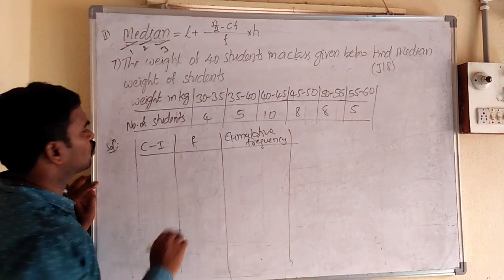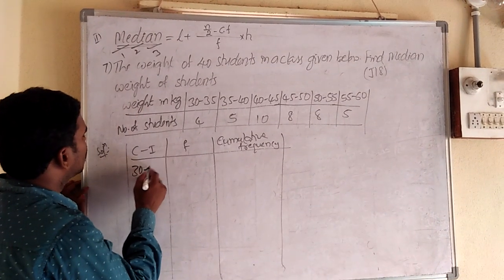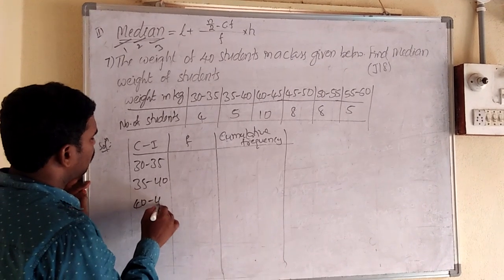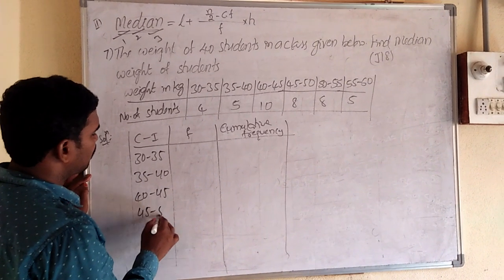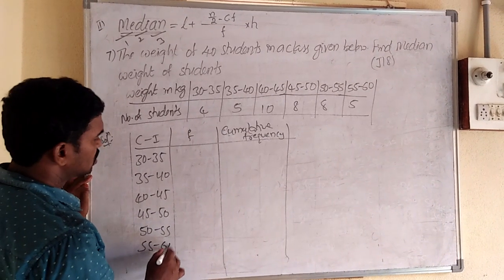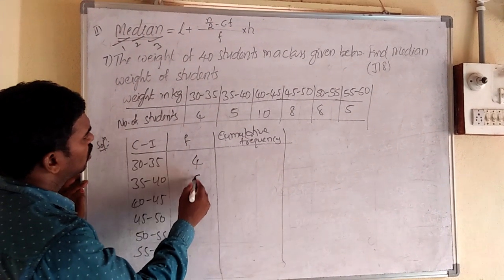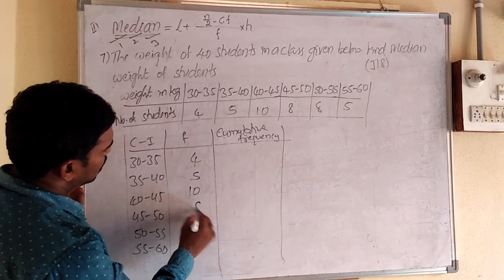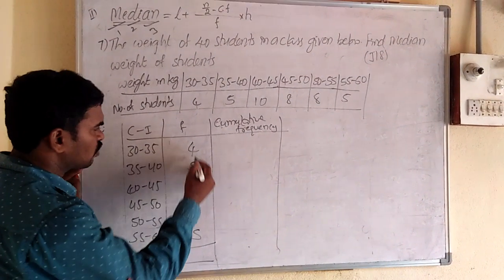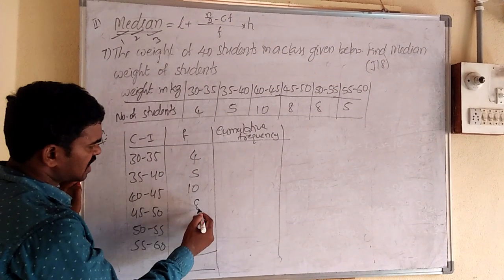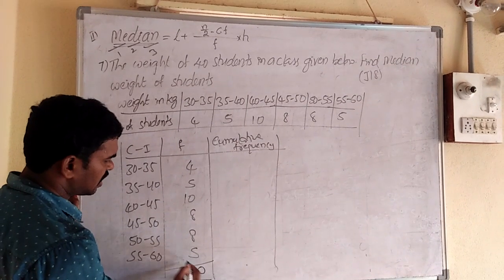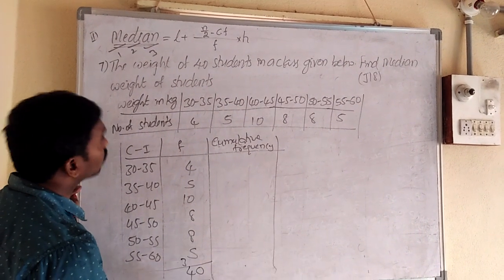For mode, only 2 columns. Okay, class interval 30 to 35, 35 to 40, 40 to 45, 45 to 50, 50 to 55, 55 to 60. Frequency 4, 5, 10, 8, 8, 5. So sum of frequencies how much? 4 plus 5, 9. 9 plus 10, 19. 19 plus 8, 27. 27 plus 8, 35. 35 plus 5, 40.